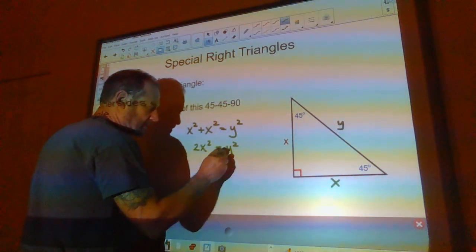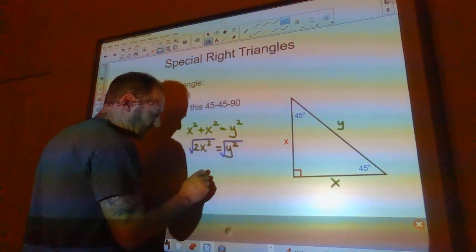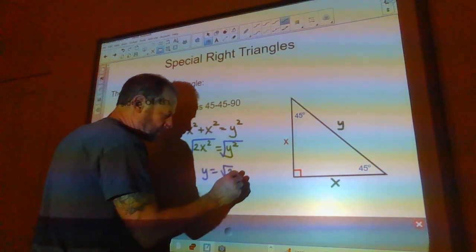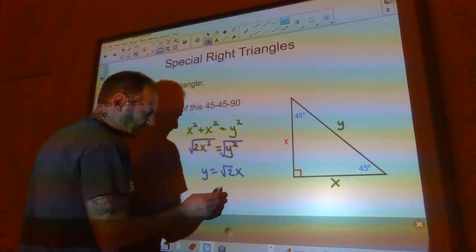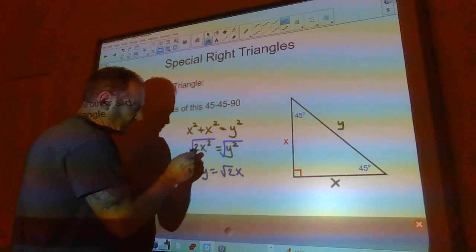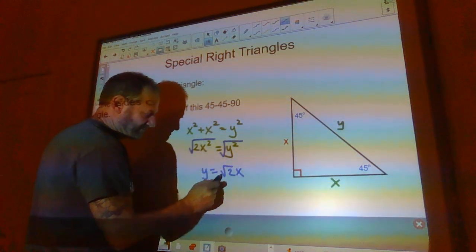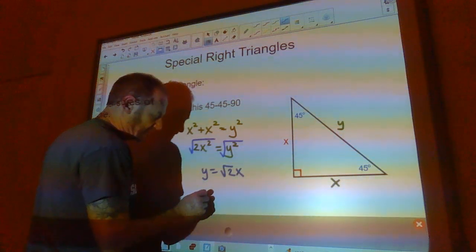And then I can square root this because I don't want to know what y squared is. I want to know what y is. So y is going to be the square root of 2 times x. Okay, and usually what we do, since you can square root 2 and you can square root x squared: square root 2 is just this, I can't reduce that. But the square root of x squared, I can just make plain old x.